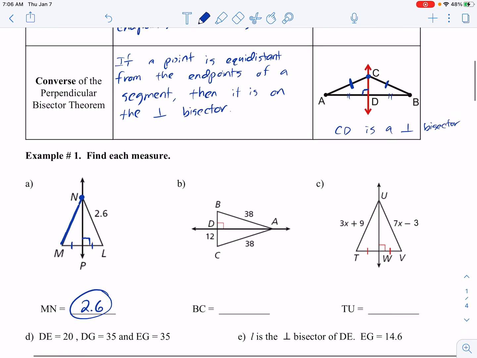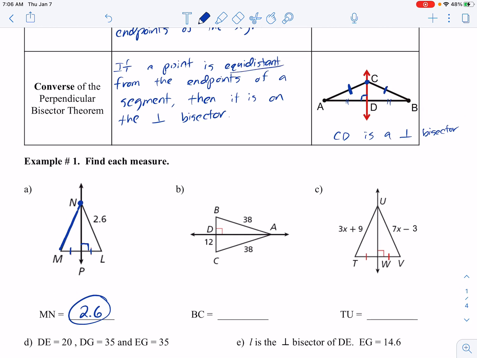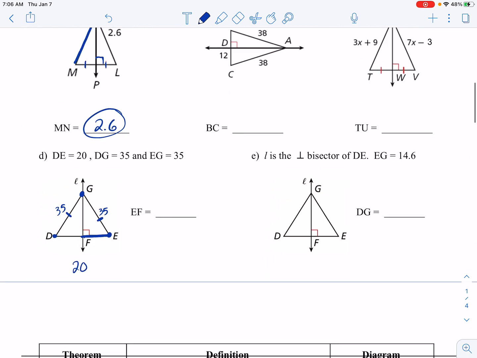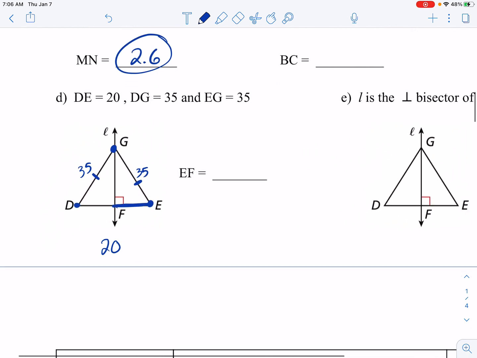And we stated up here in the converse, if a point is equidistant from the endpoints of a segment, then it's on the perpendicular bisector. So that means this line right here, line L, is a perpendicular bisector, 90-degree angle. These two parts are congruent. If this whole length is 20, then each of them would have to be 10. 10 and 10.